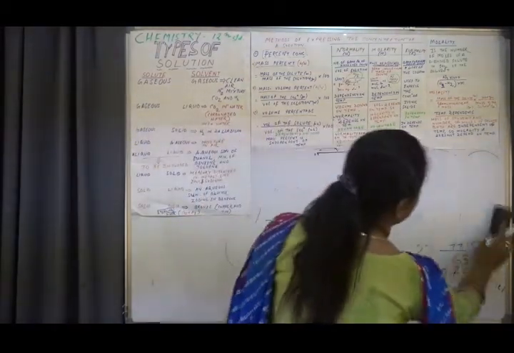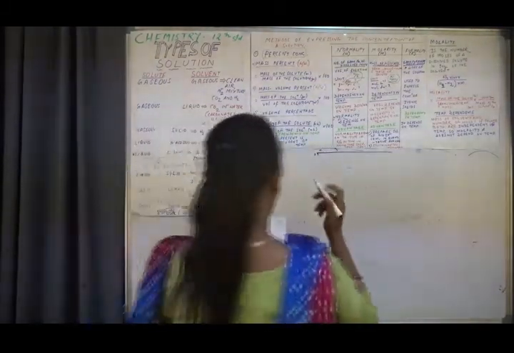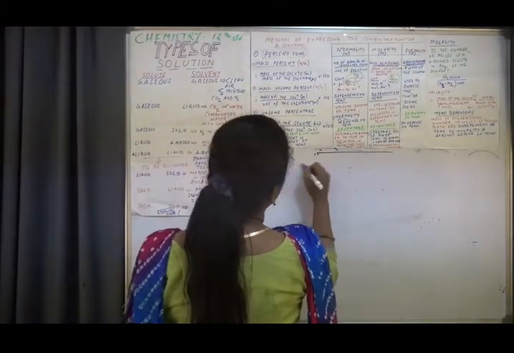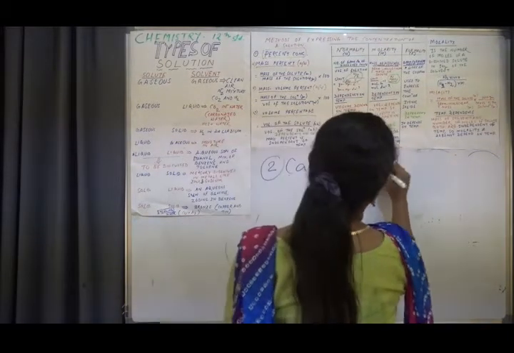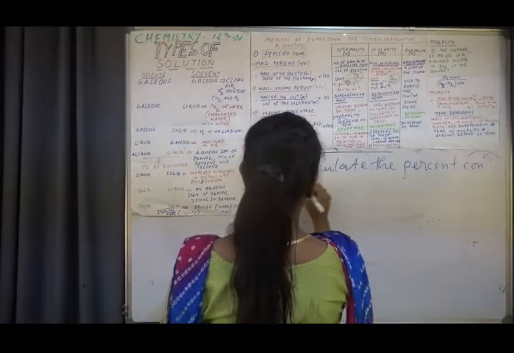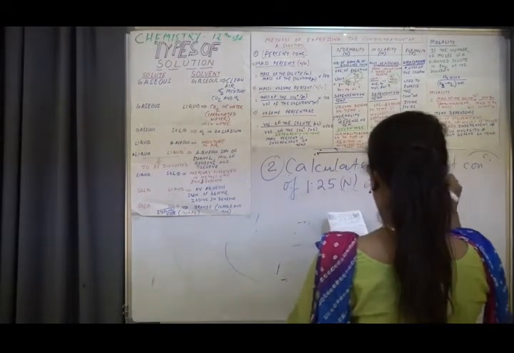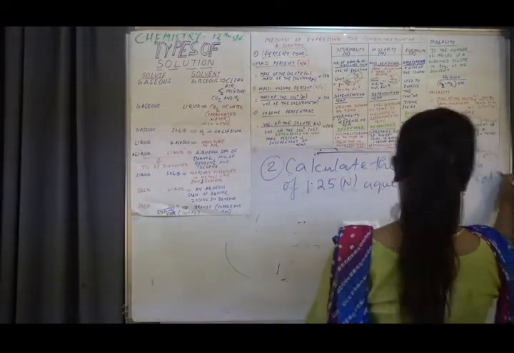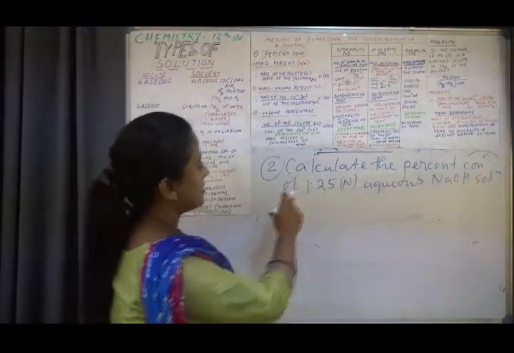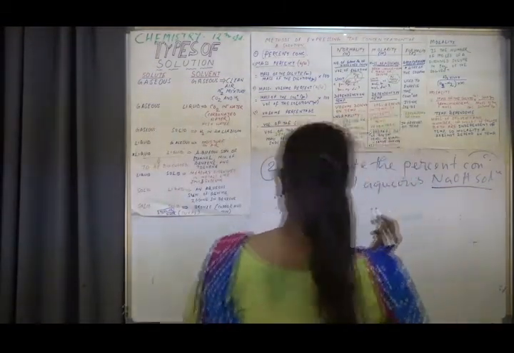Then another sum I am writing on the percentage concentration. Calculate the percent concentration of 1.25 normal aqueous NaOH solution, sodium hydroxide solution.